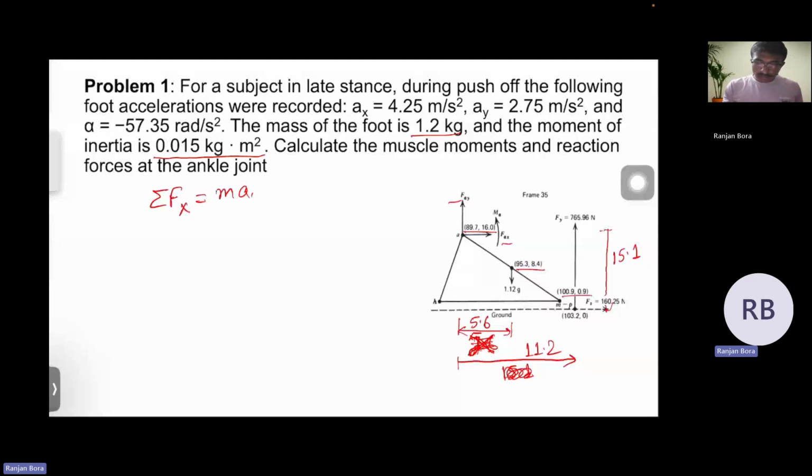Here, the sum of the forces acting in the x direction: there are two forces acting in the x direction, one is this FAX and one is the Fx. So mass is 1.2 times ax, which is 4.25.